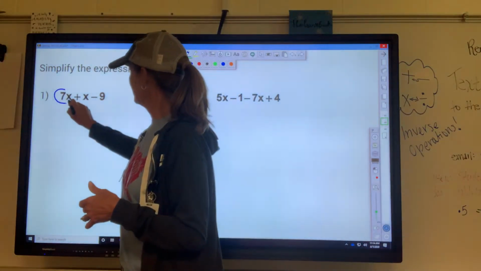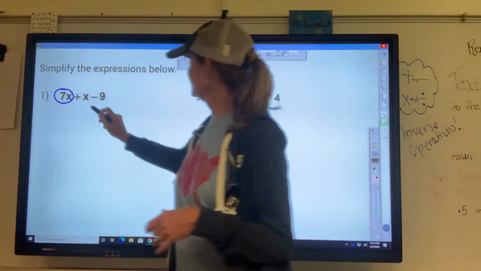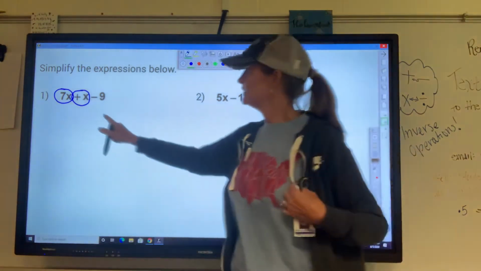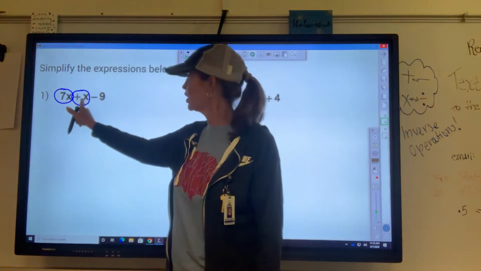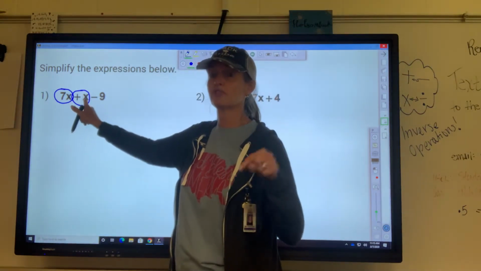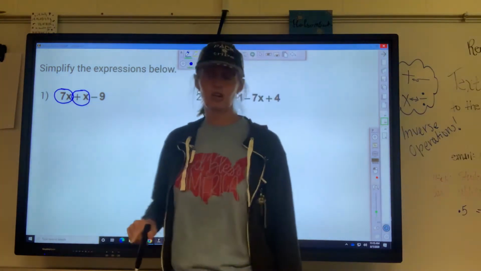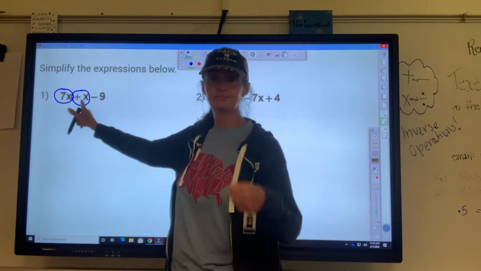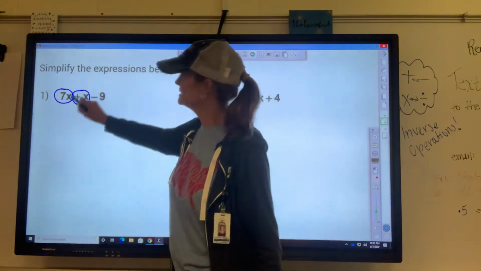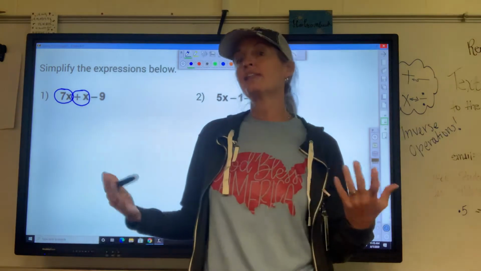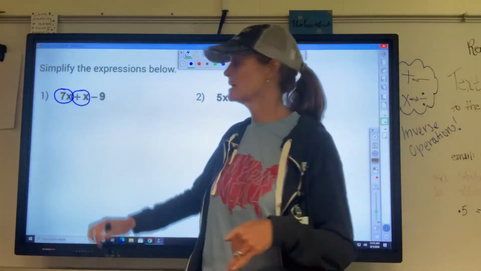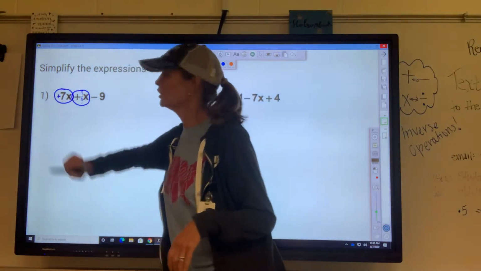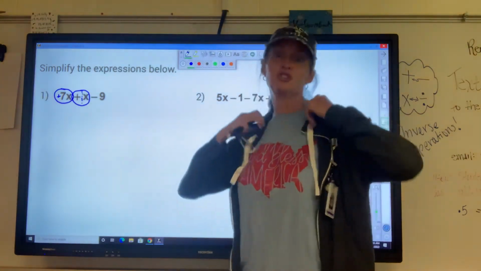So I know that this positive 7x and this positive x belong together. Now, this is a 7 and there's no coefficient. Remember, we talked coefficient is the number in front of the variable. This one doesn't have a coefficient, but there are 7 x's here. How many x's are here? There is a 1. So it's understood that there is a 1 in front of that x. And just like that positive sign, there's all those little things that are there, and they're just kind of understood.